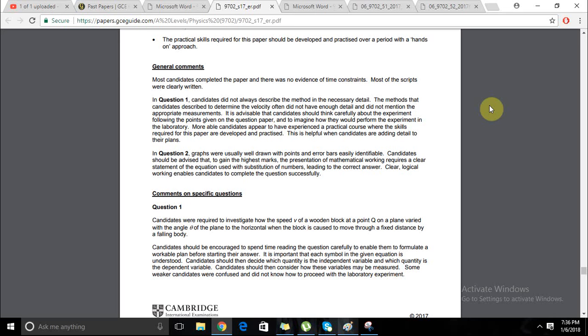Candidates should be encouraged to spend time reading the question carefully, to enable them to formulate a workable plan, and each and every symbol in the given equation ought to be properly understood. They should decide which quantity is independent, which is dependent, and then consider how the dependent and the independent quantities could be measured precisely and accurately.